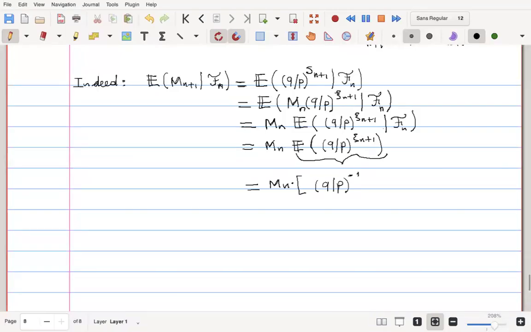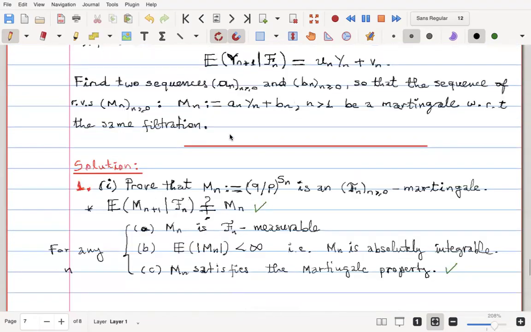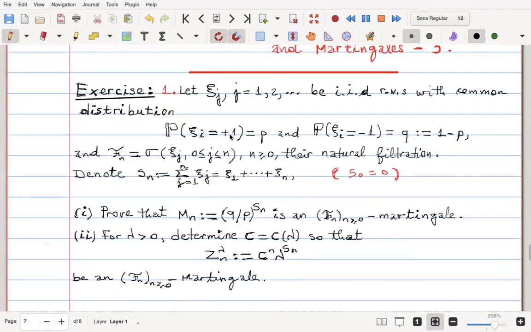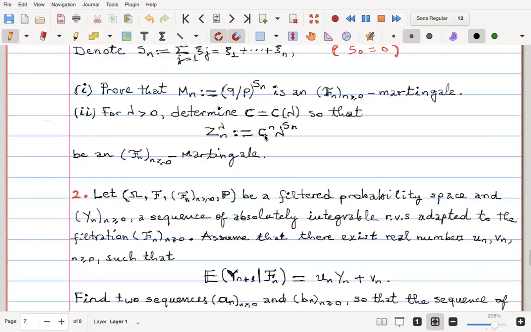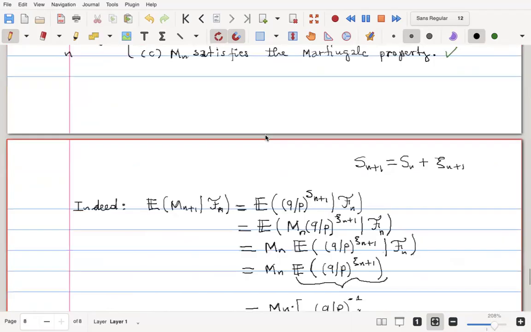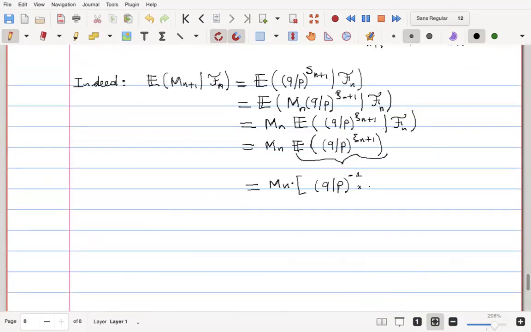So it will be -1 here, times, for -1, if you look at the definition above, the probability when it is -1 is q, and when it is 1, the probability is p. So that's what we are going to write here. So this is q by p to the -1 times q, plus q by p to the 1 times p.